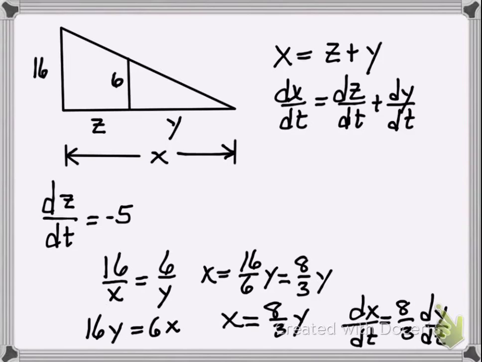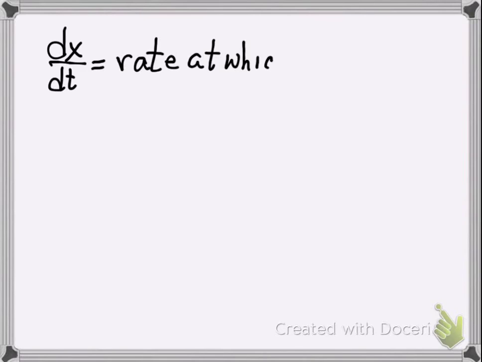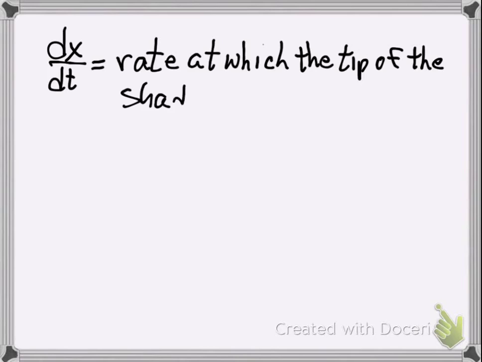Now, it turns out that dx/dt is equal to the rate at which the tip of the shadow is changing. So again, dx/dt is the rate at which the tip of the shadow is moving.